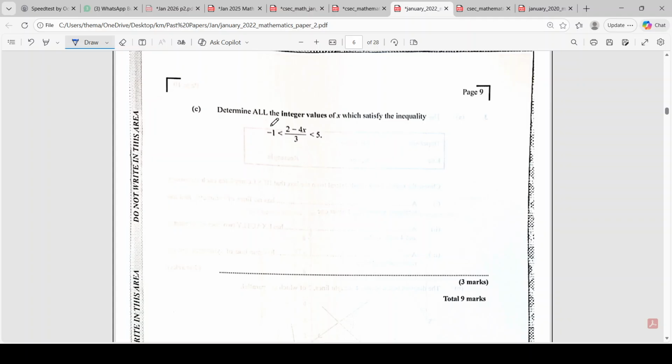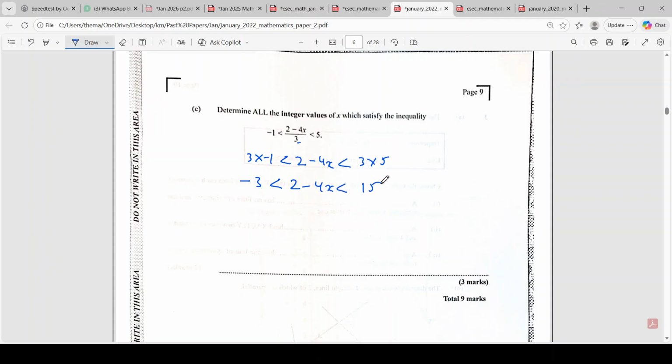So this 3 will go across here and multiply, and also go across here and multiply. So we will get 3 multiplied by -1, 3 multiplied by 5. So we have -3 less than 2 minus 4x.